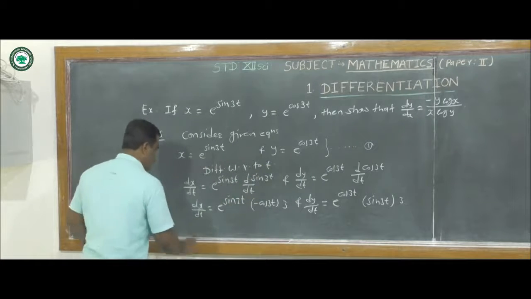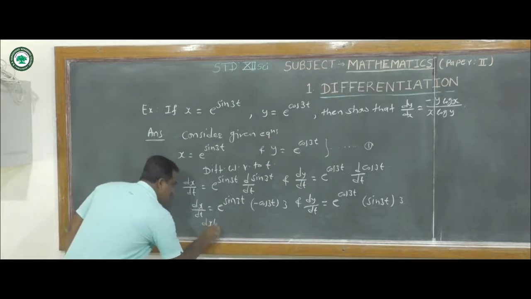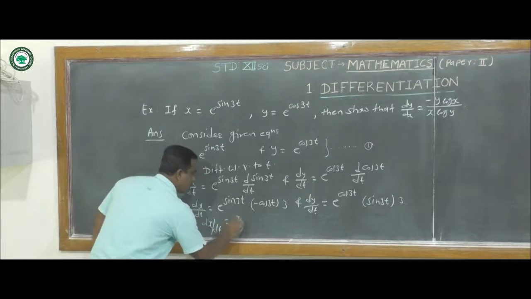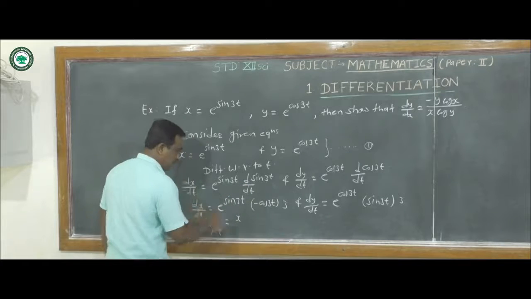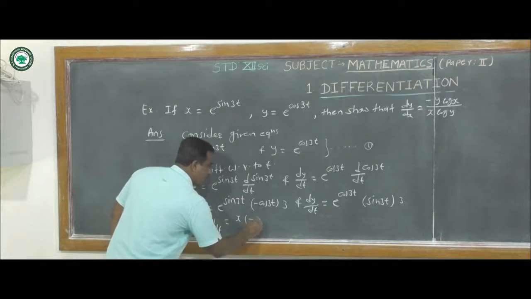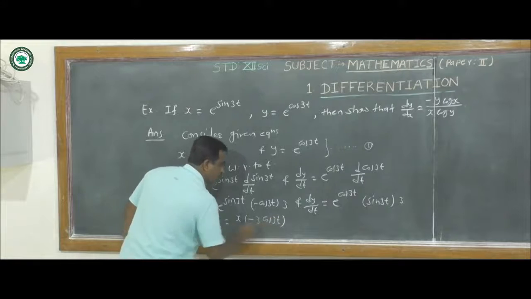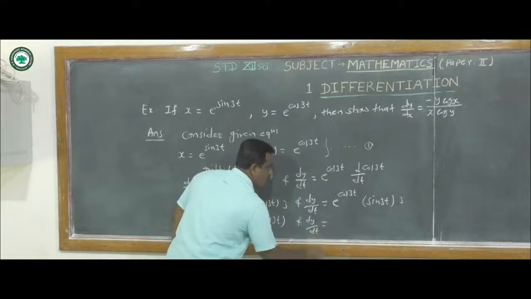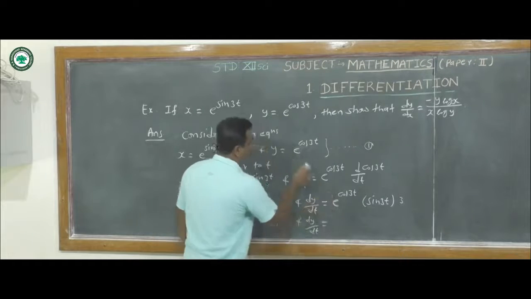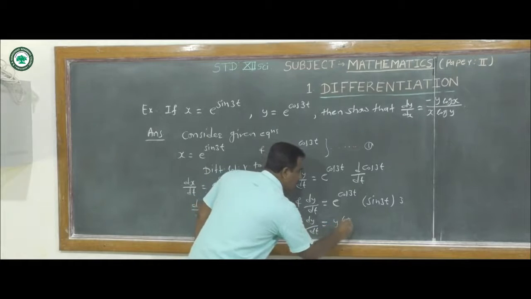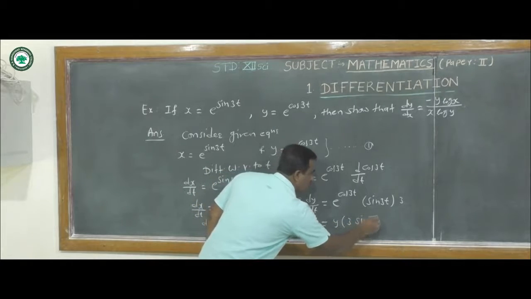Putting these values here, we can write dx by dt is equal to e raised to sin 3t, meaning x, into minus cos 3t into 3 as it is, that is x into bracket minus 3 into cos 3t, and dy by dt is equal to, we can write e raised to cos 3t is equal to y here, therefore y into bracket 3 into sin 3t.